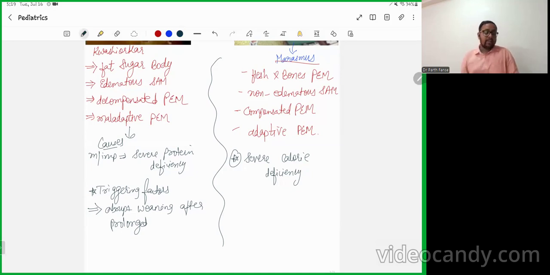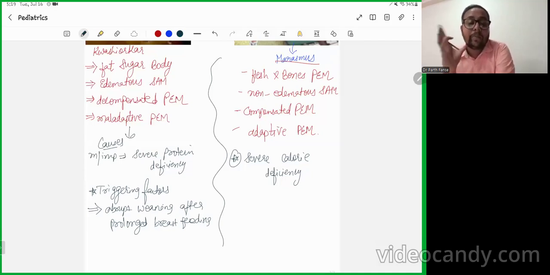Abrupt weaning after prolonged breastfeeding means a child is fed breast milk for a very long time, but suddenly you stop. That is called abrupt weaning after prolonged breastfeeding. This is one of the triggering factors for which a child can suffer from kwashiorkor. Yes or no?